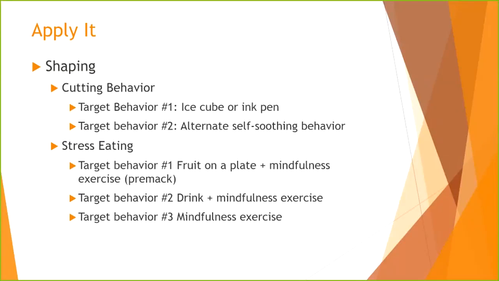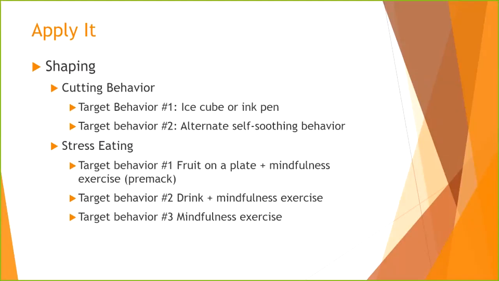So what kind of interim behavior can we give them as an alternative if they get to the point where they have to, and I use quotes for that, cut? With the ice cube and the ink pen, they still feel a little bit of pain, they still have some control, until that emotion passes, until they've sort of ridden the wave.